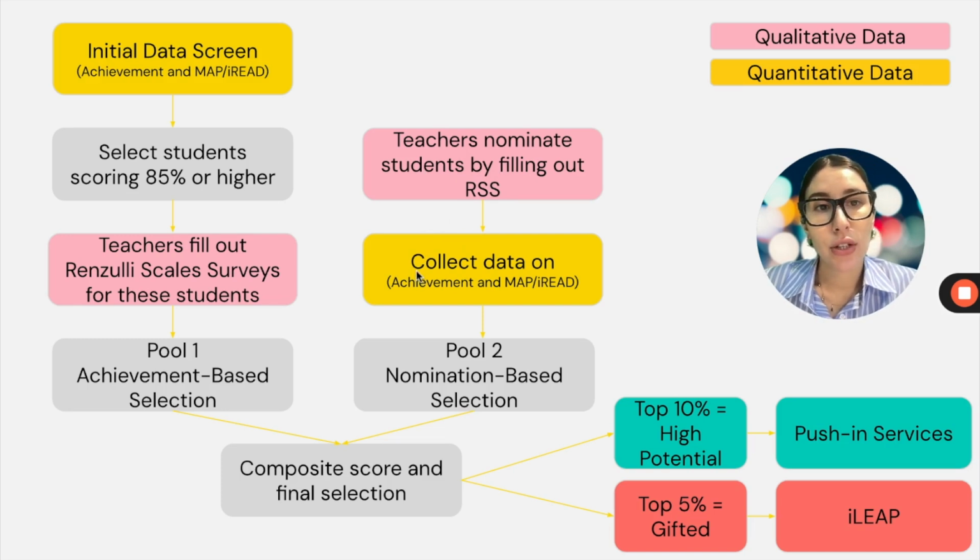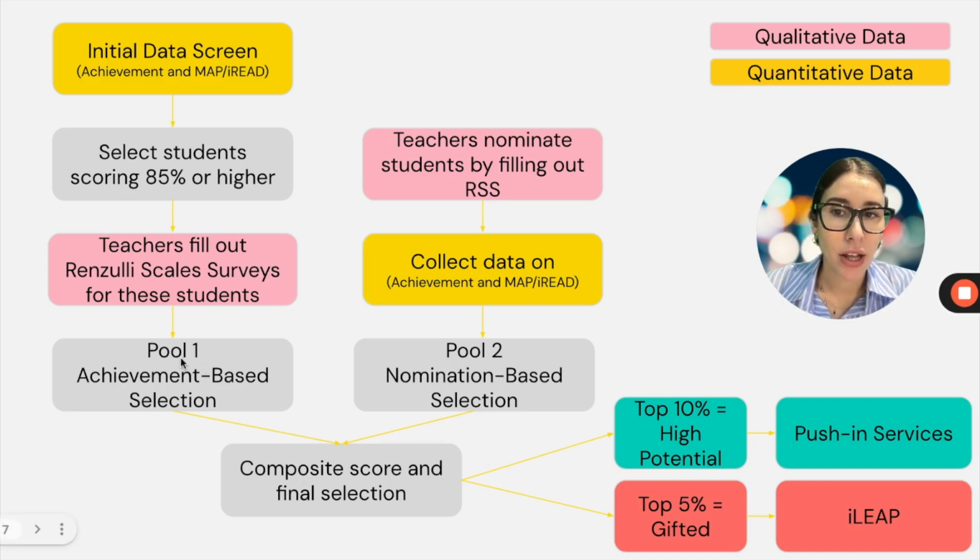We will then do the reverse of what happened in pool one. We will collect achievement and standardized testing data for those nominated students, and these students will form our pool two. So this is the nomination-based group.